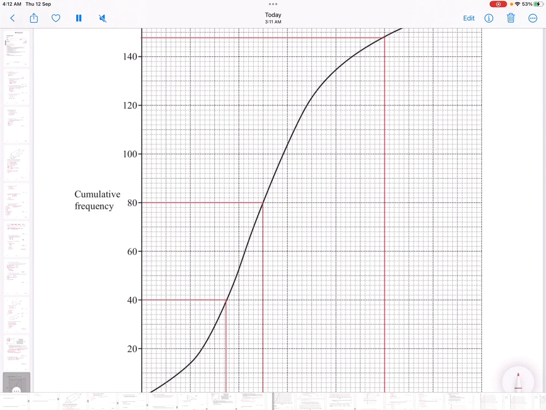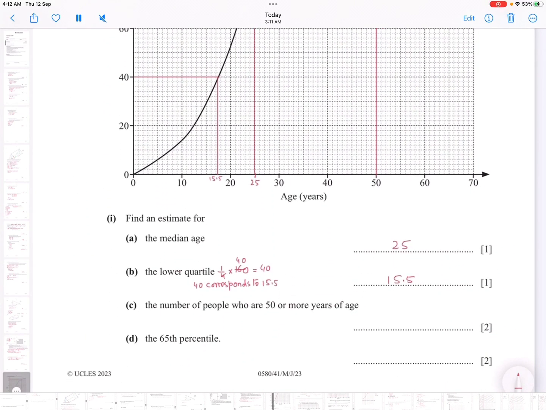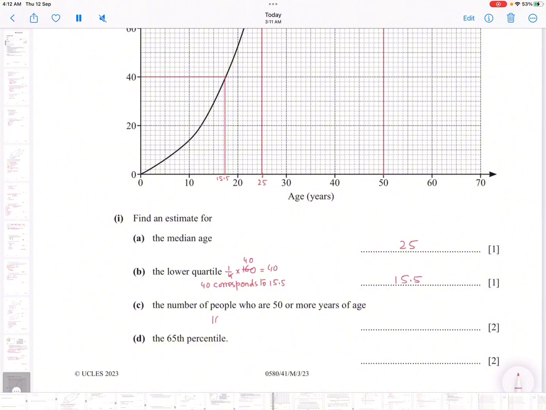Each block corresponds to 2 units: 142, 144, 146, 148, I think. So yes, 148. So 160 minus 148 will give you the number of people who are 50 or more years of age.